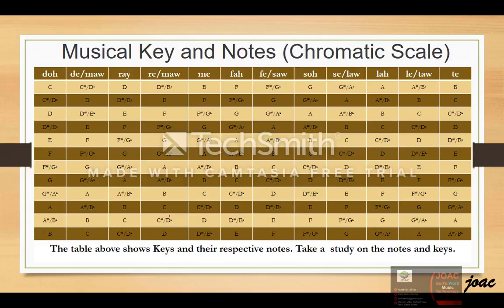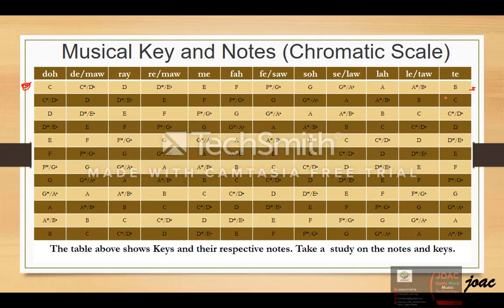So in this table, we have the musical keys and musical notes. If you look at this first line, from here to here, you can see that when we are starting from C, as C carries our Do, the next keys we just put those notes on.